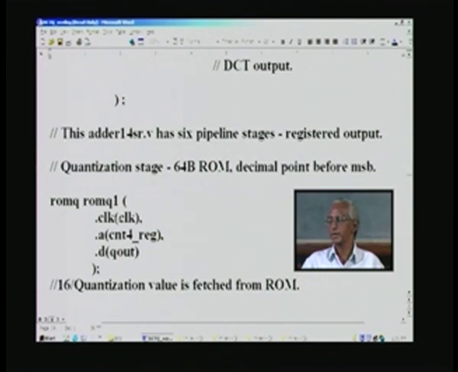And in order to retrieve this, 16 by quantization value, what we need is an address for the ROM, so that you get at the output Q out the actual 16 by quantization value, and counter 4 generated by the controller supplies this address here.